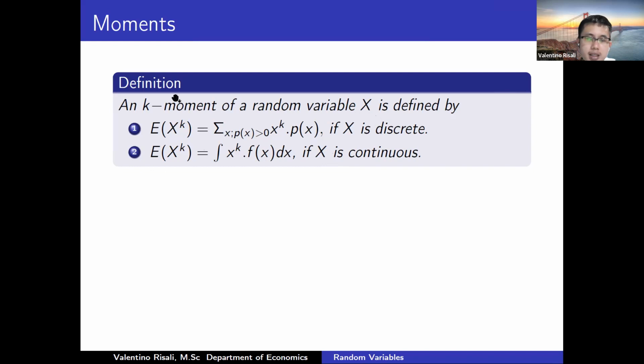This is the definition of the k-th moment. k is a natural number, and if k is 1, the first moment is actually the expectation.